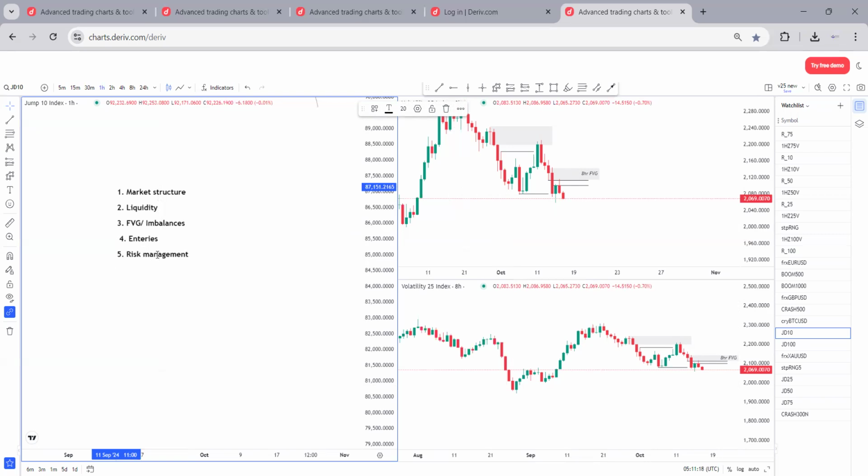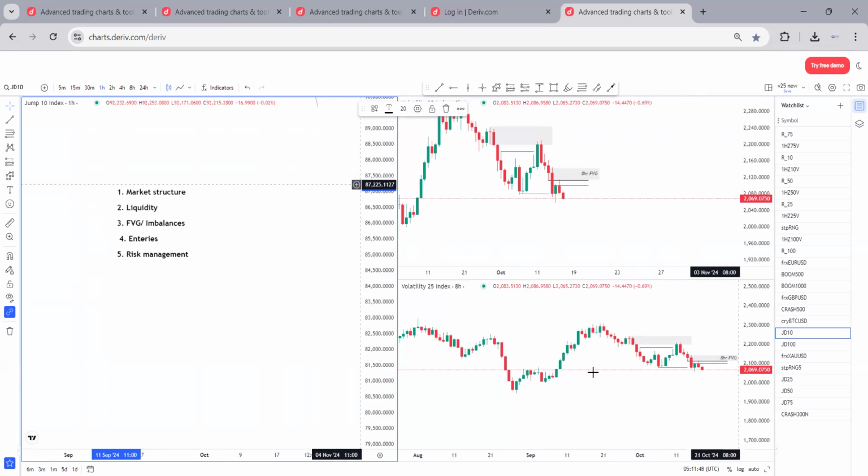Put entries right here. So these are the 4 things I focus on as far as my trading is concerned.